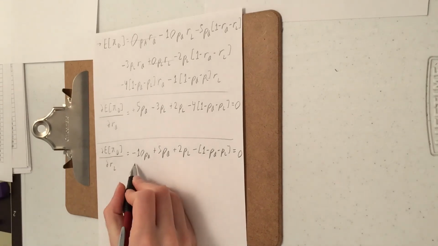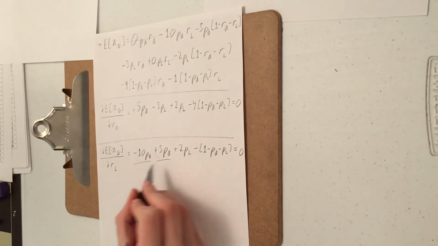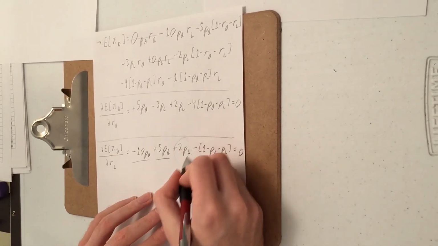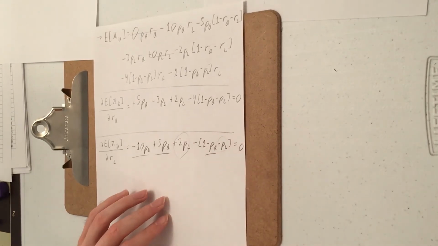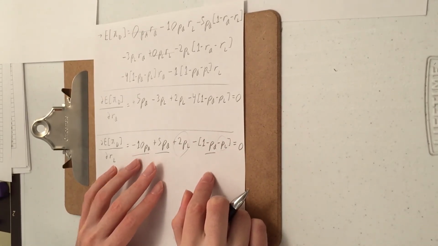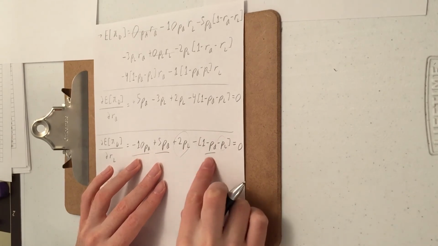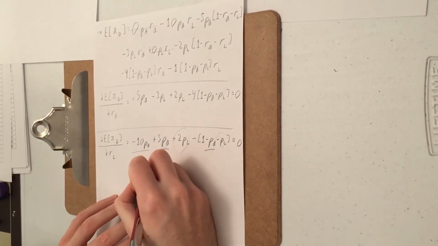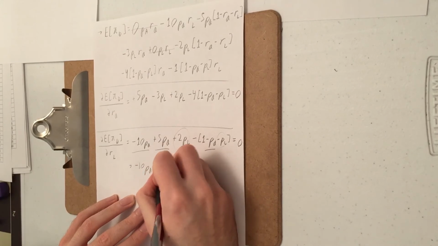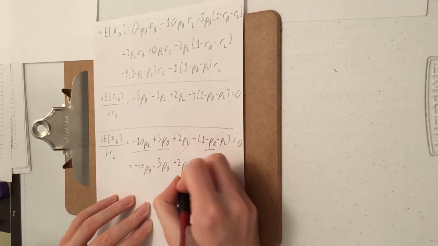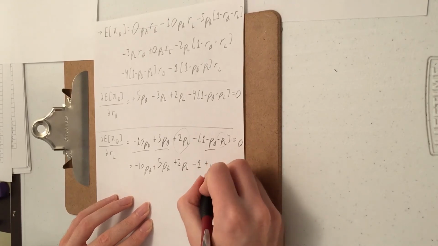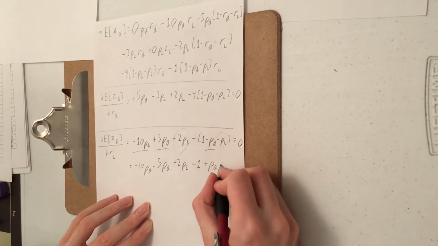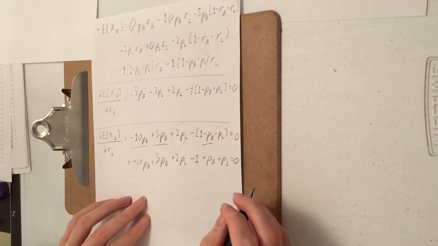So I start down here. PAs I'll combine. Minus 10 PA plus 5 PA. And I have some PLs as well. Minus 10 plus 5. But I have a plus 1 over here. Remember, two minuses make a plus. Let me just write that out to make it clear. So minus 10 PA plus 5 PA plus 2 PL minus 1 plus PA, minus times minus is plus, PL equals 0.